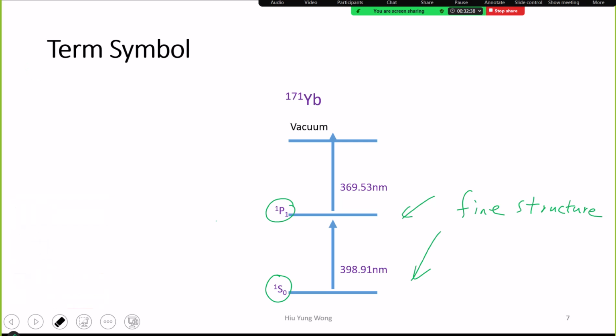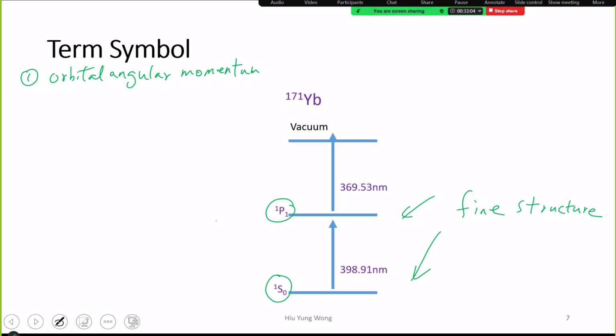electron is rotating. It has angular momentum. So it has the orbital angular momentum. So this one, I assume you have learned some quantum mechanics. If you forgot, you just take it for granted, right?